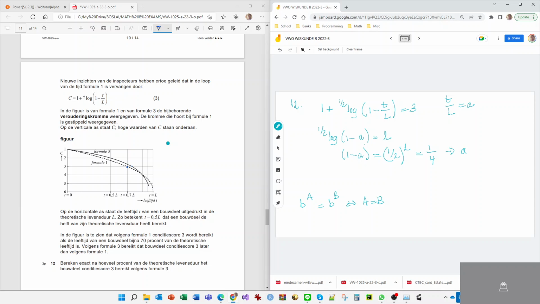So A is 1 minus 1/4, is 3 over 4. So you have to exactly calculate it, so that's exactly 75%.